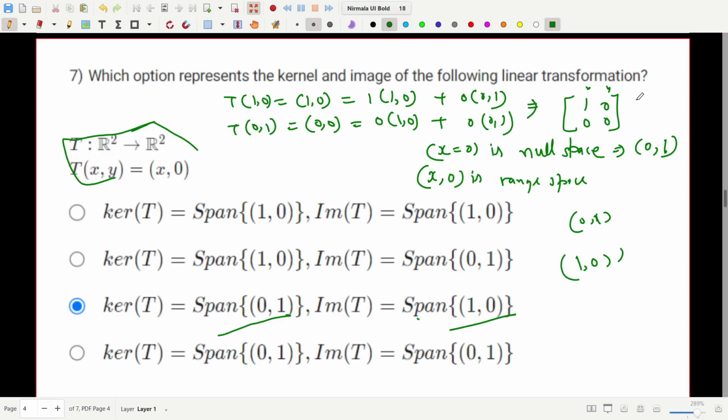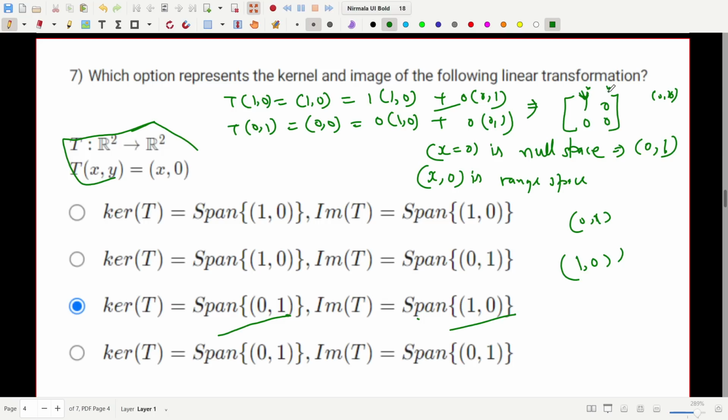Here, how can you get the null space? And how can you get the range of this matrix? That will be the image. This vector is the range: (1, 0) spans the image, and here is the nullity.